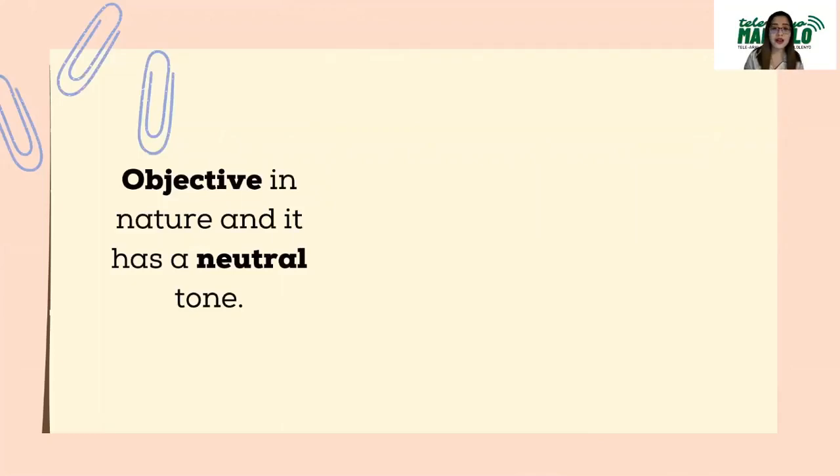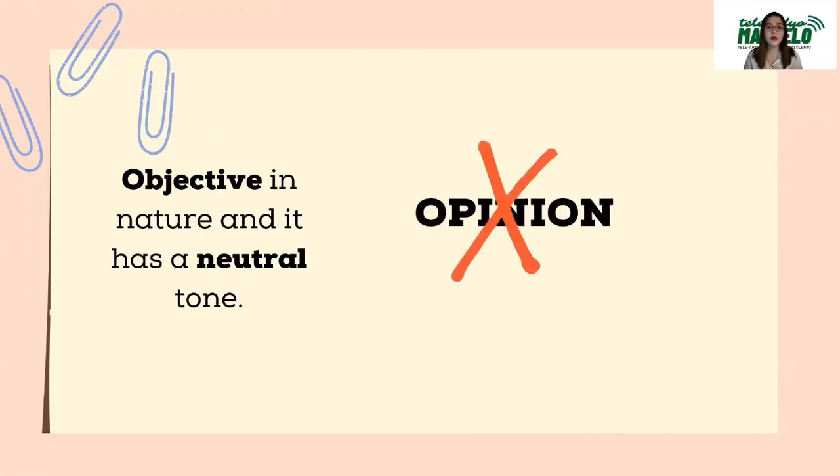And remember, informative text is objective in nature and it has a neutral tone, meaning we should avoid incorporating our personal opinion or feelings in this type of text. Again, there is no room for any of your opinion in this type of text. Now, let us proceed with persuasive text.